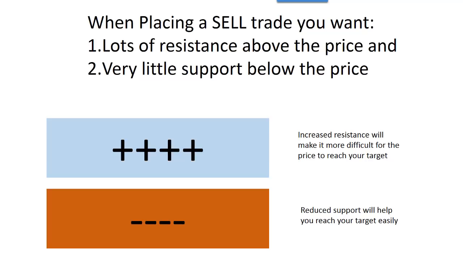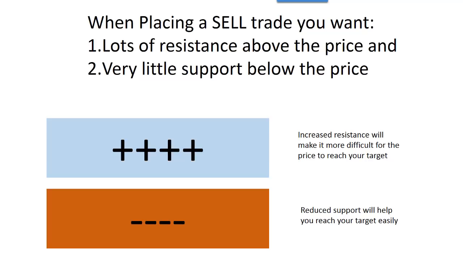Now these are very simple concepts, but the problem is, how do you see the support and how do you see this resistance? A lot of inexperienced traders don't know how to see the support and see the resistance. And even experienced traders don't know how to assess the strength of support and resistance.